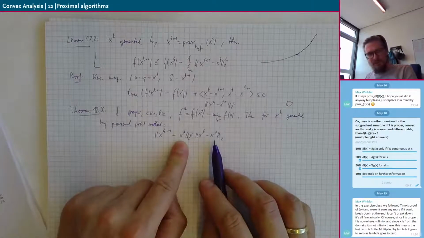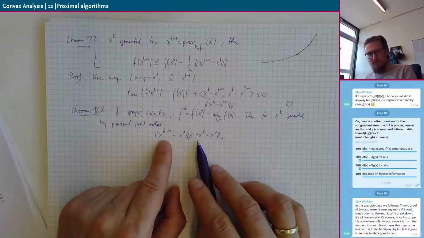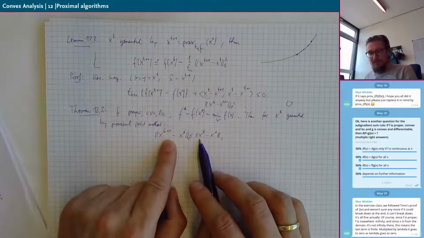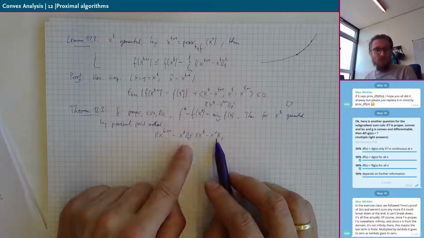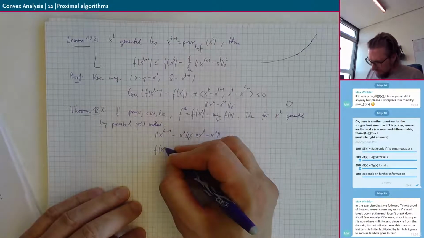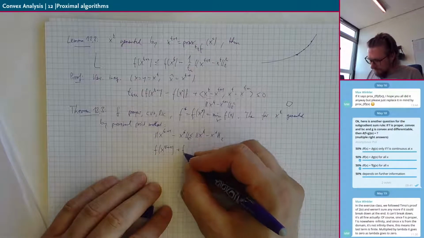Of course, even if the minimizers are unique or not, it doesn't mean that the sequence converges. But if the minimizers are not unique, it's clear that the sequence cannot converge to all of them. And one more thing is that you can also have an estimate on how good the function value is after n plus 1 iterations.